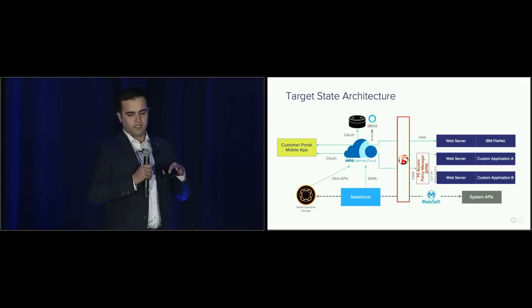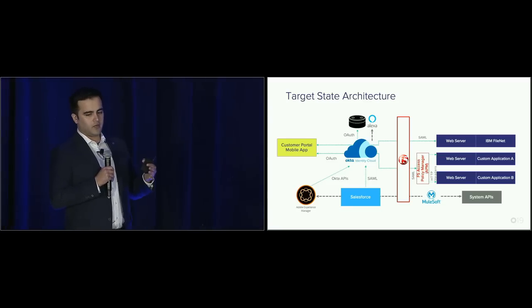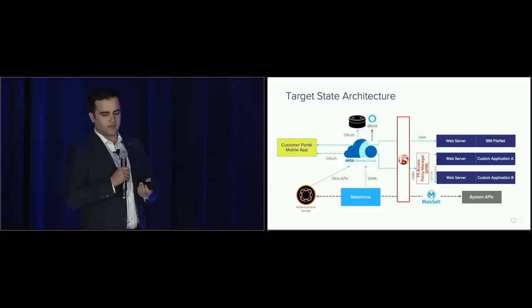So it's a really simple deployment. Now they have the ability to integrate with different products on the back end if they want to move off of FileNet to a different service. With a cloud-based solution, it's very easy to do because it would just integrate with Okta, and they'll be able to pass in custom scoped access tokens as needed to pull those documents down, rather than having them hosted on-prem with FileNet and other custom apps.